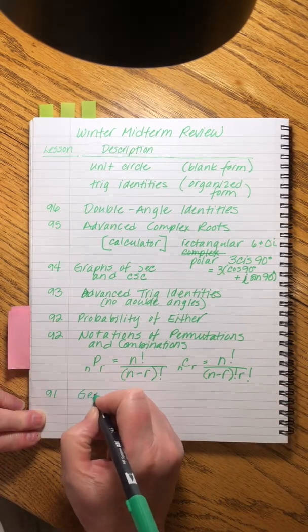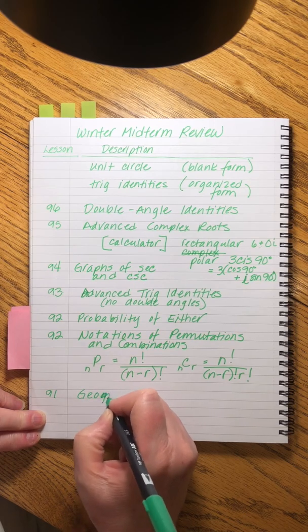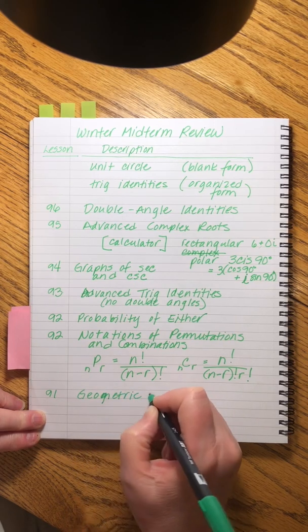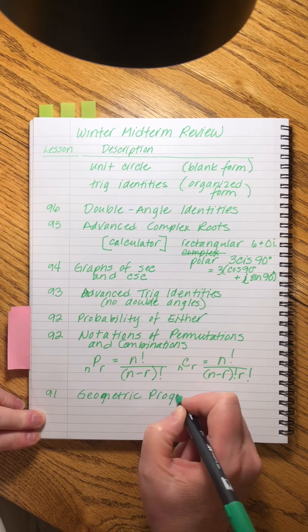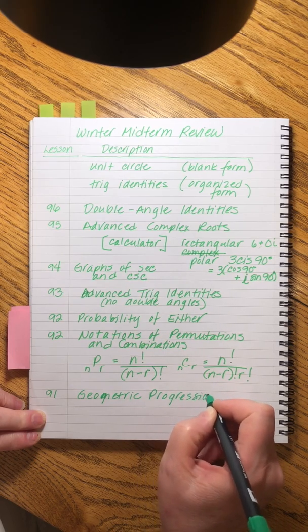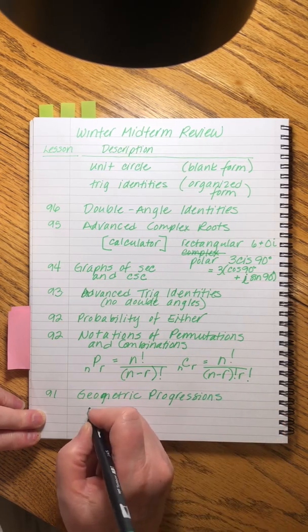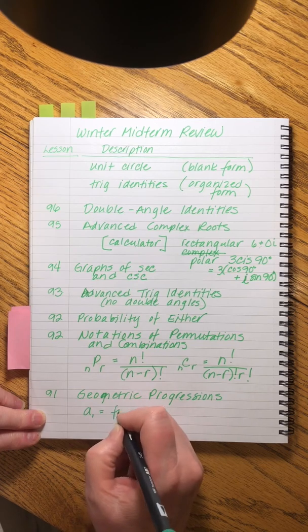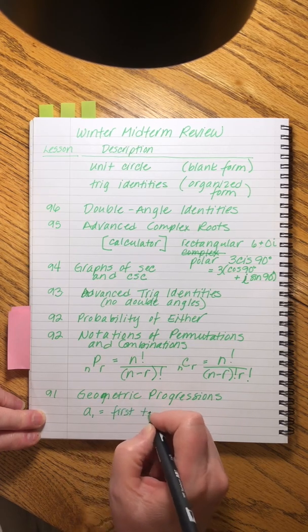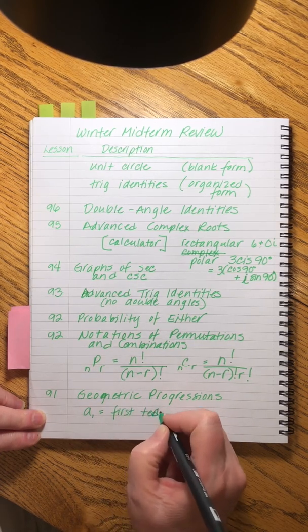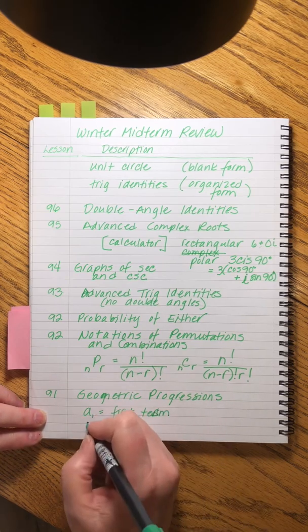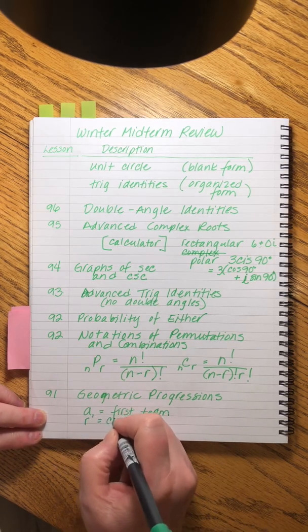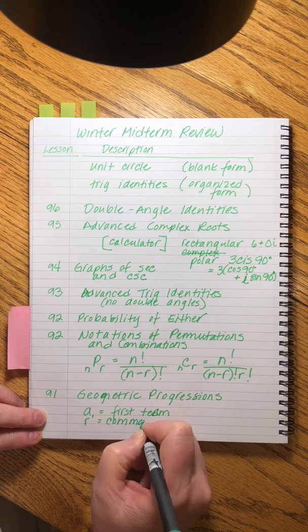Geometric progressions. That's where we have a sub 1 equals the first term, and then r equals the common ratio.